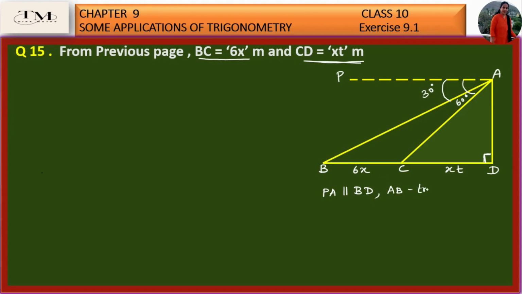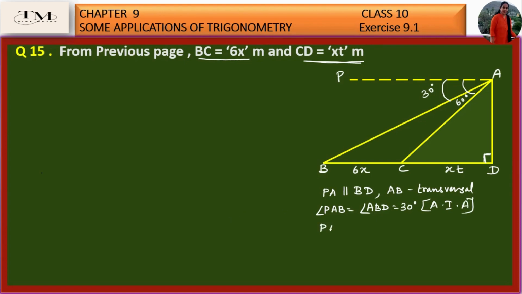Then angle PAB will be equal to angle ABD, which is 30 degrees. This is because alternate interior angles are equal.